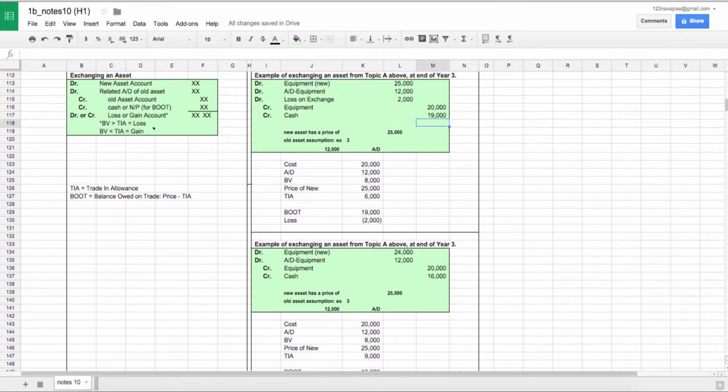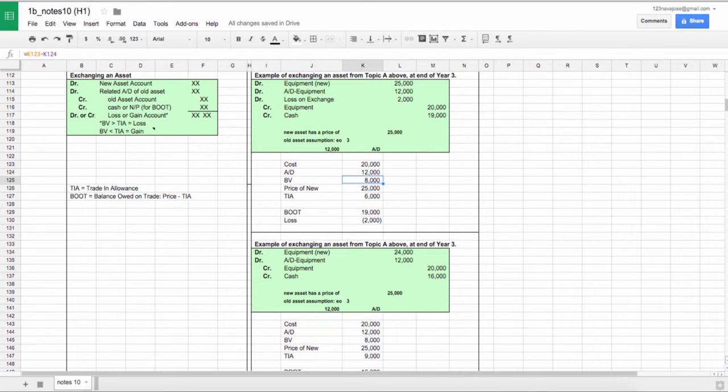You apparently paid cash of $19,000. So the book value of the asset here is calculated at $8,000. The price of the new equipment is 25. You're getting a trade-in value for your old asset of 6. So you're going to compare the book value to your trade-in amount. This is just a given amount at the moment.